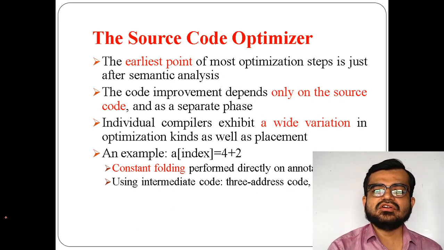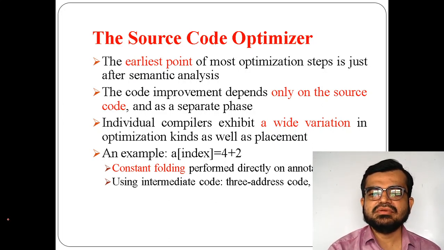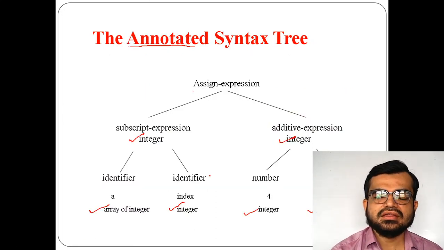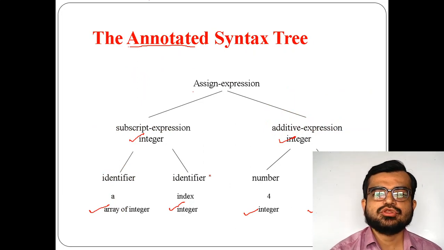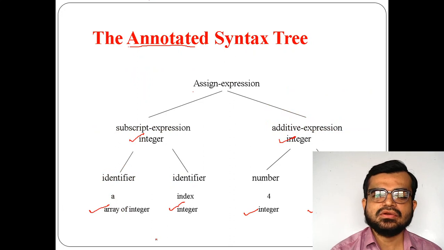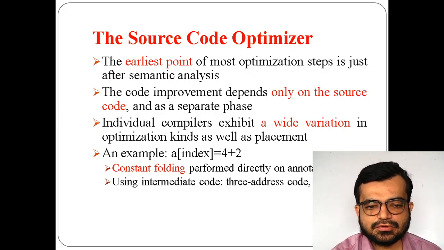The next phase is the source code optimizer. I said optimization doesn't mean reducing the code. It works on the annotated tree. The input of the source code optimizer is the annotated syntax tree, and on that it can perform a very important process, constant folding.